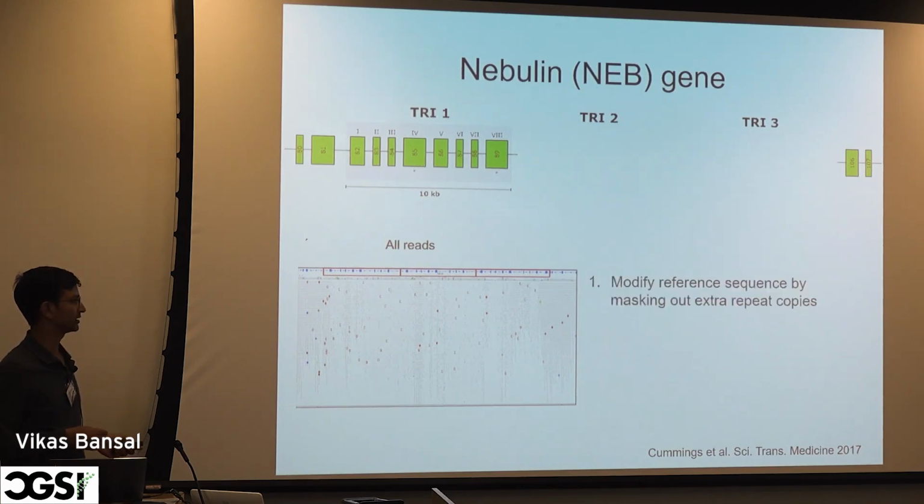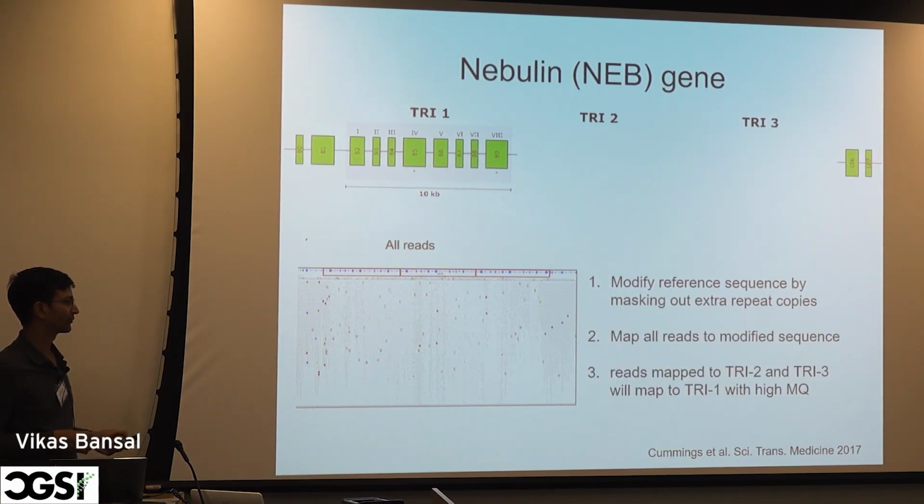In this case, a simple solution is to mask out the extra repeat copies, in this case copy 2 and 3, and then realign the reads back to this modified reference genome.